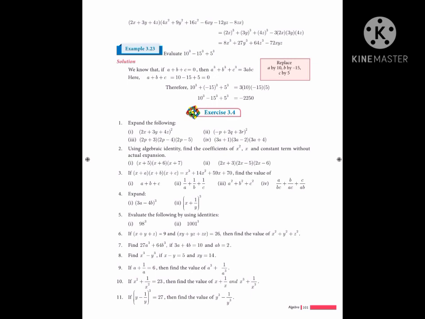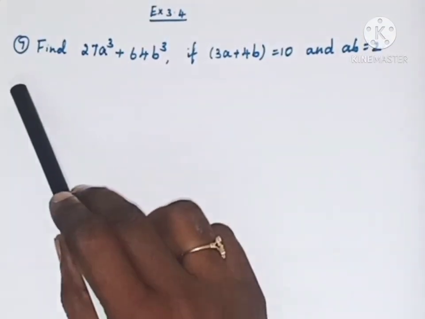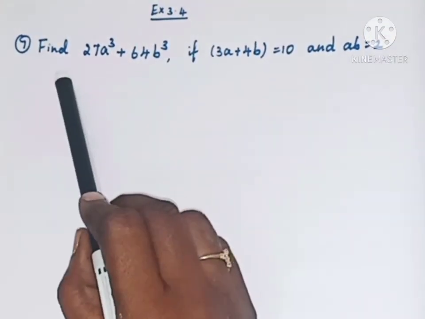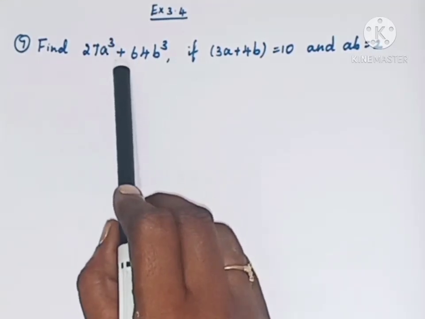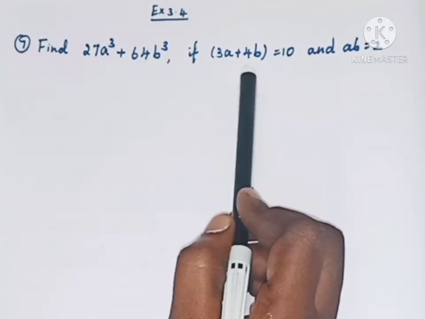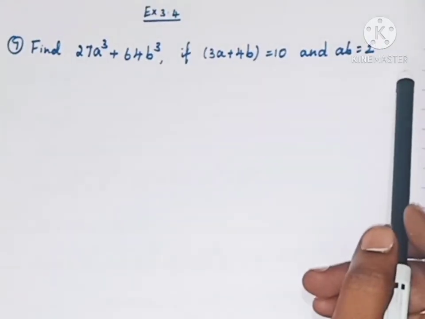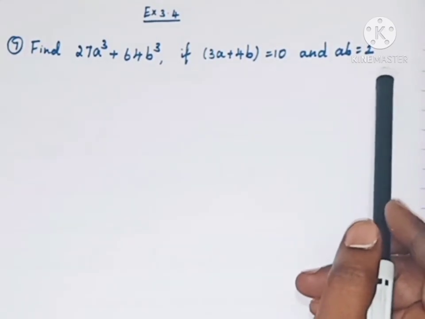Exercise 3.4 7th sum. Find 27a cube plus 64b cube if 3a plus 4b is equal to 10 and ab is equal to 2.